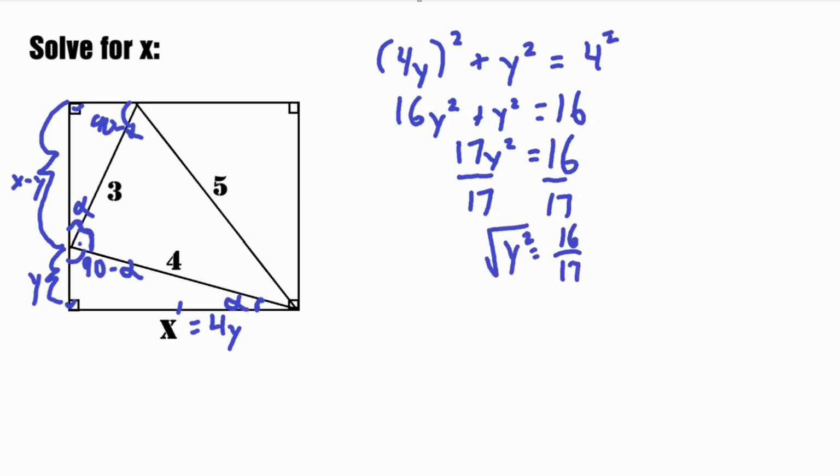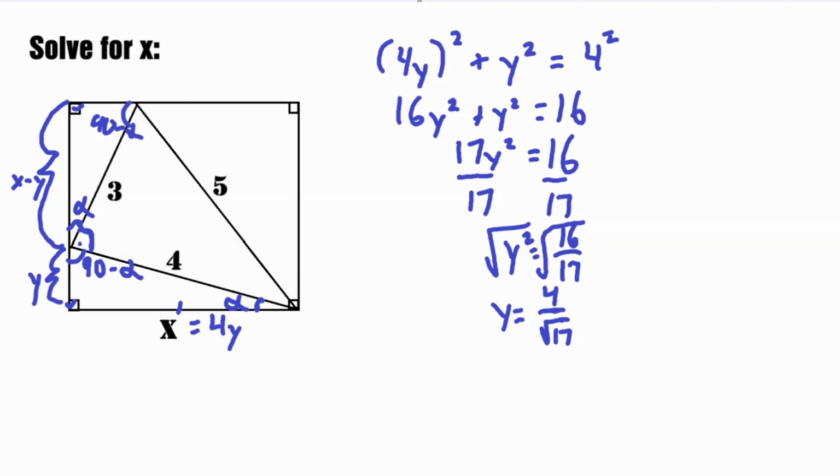And then we square root. If we square root a fraction, we can square root both the numerator and the denominator. So we get that y is equal to the square root of 16, which is 4, over the square root of 17, which we cannot simplify for now, okay?